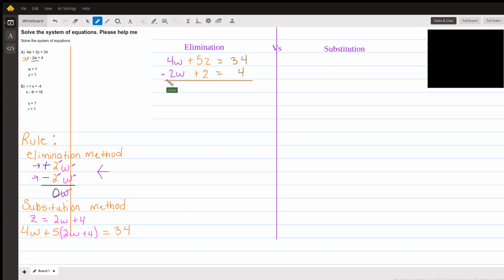So in this problem, I have positive 4W at the top. So I'm going to change the bottom so I can make that one negative 4W. So I'm going to multiply everything by 2 because if I do, this is going to change this to my negative 4. So I'm going to rewrite my problem so you can see.